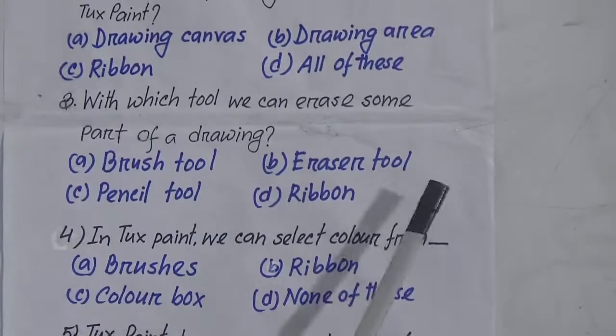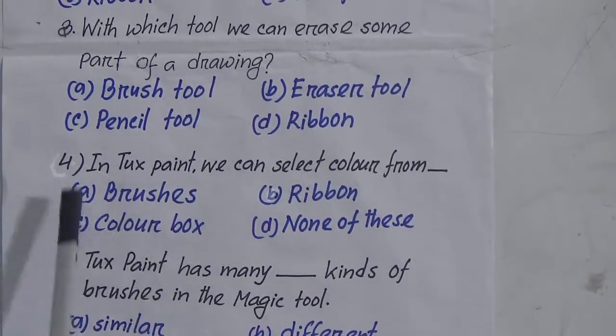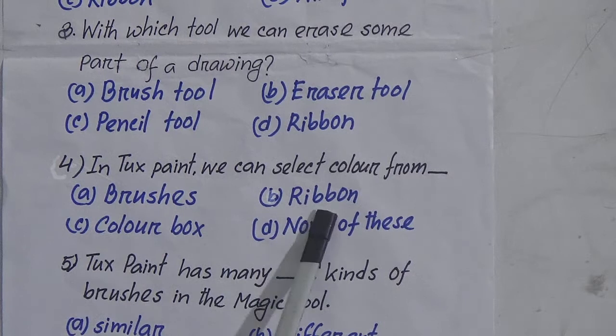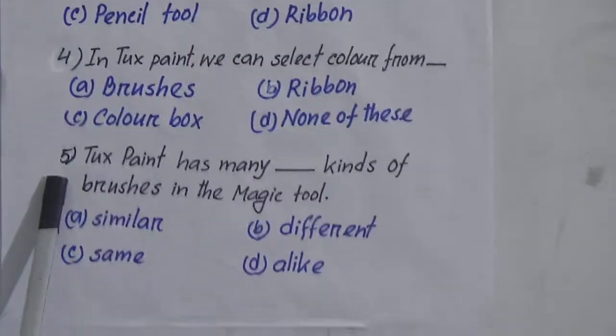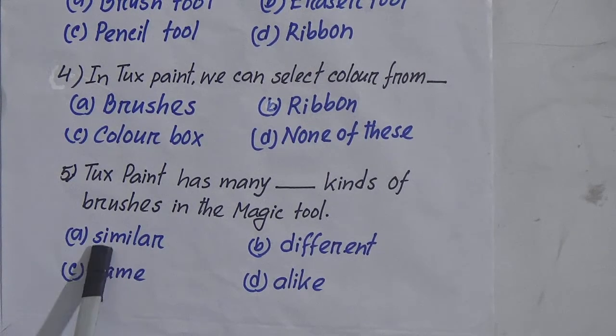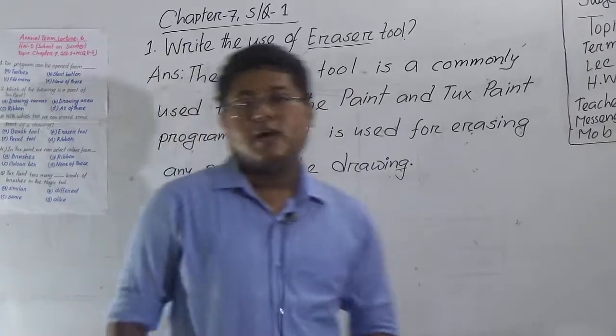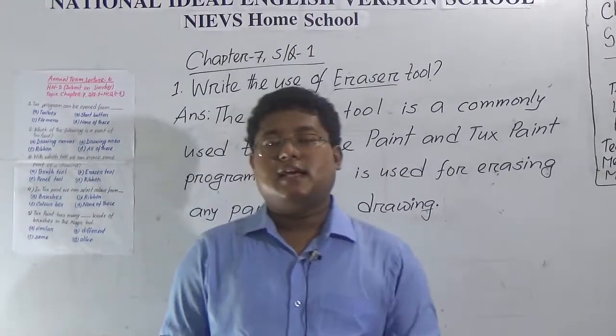Brush tool, eraser tool, pencil tool, ribbon. Number 4. In Task Pane, we can select color from brushes, ribbon, color box, none of this. Number 5. Task Pane has many dash kinds of brushes in the magic tool. Similar, different, same, alike.